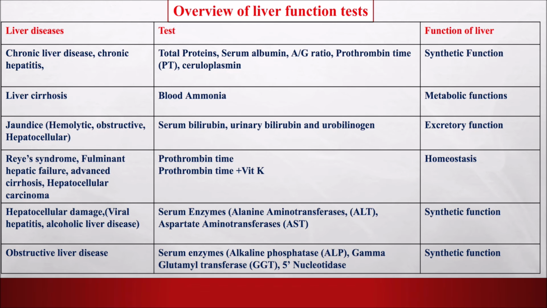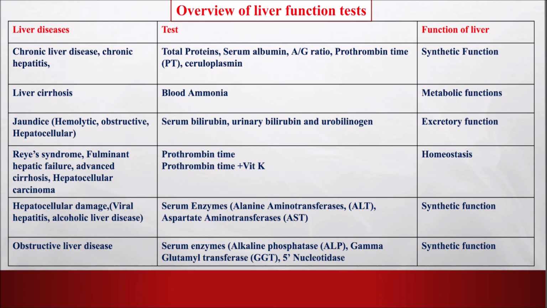Now, what are the liver enzymes which are useful for assessing viral hepatitis or alcoholic liver disease? In the same way, what are the enzymes which are altered in obstructive liver disease? The various enzymes which are synthesized by the liver include the aminotransferases, that is alanine aminotransferase, aspartate aminotransferase, along with other enzymes like alkaline phosphatase, gamma glutamyl transferase, and 5' nucleotidase.